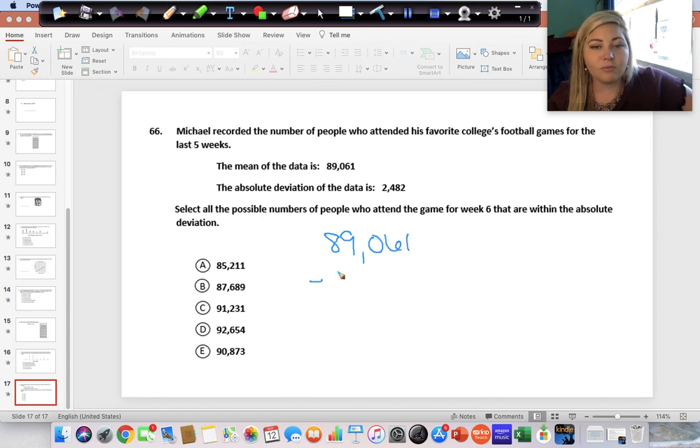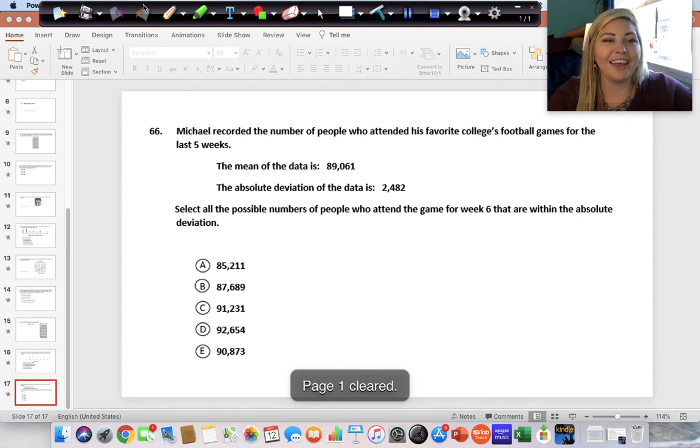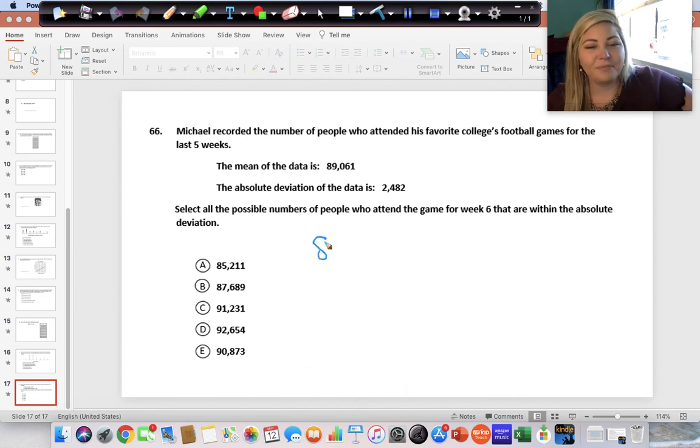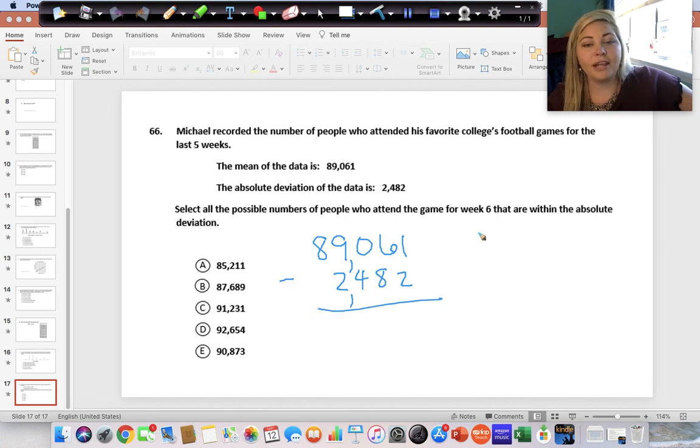We are going to subtract 2,482. I did not line up my place values. Let's try that again. There we go. We are going to subtract it, and then we are also going to add it to it. And then we will find the numbers that fall within that range.